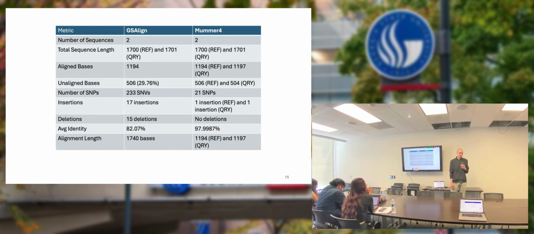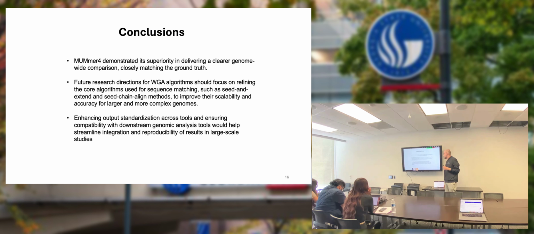Well, I didn't do that. Yeah, so I concluded that Mummer 4 demonstrated better performance, and for the future directions, they can refine the core algorithms to improve them because GS-Align didn't really show what I expected to see.